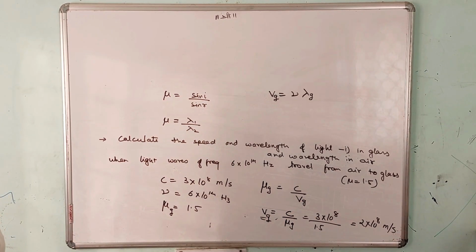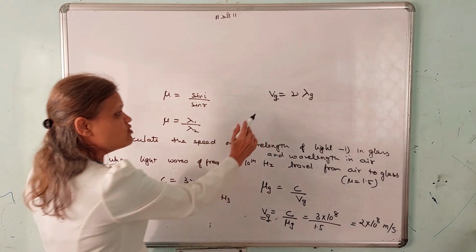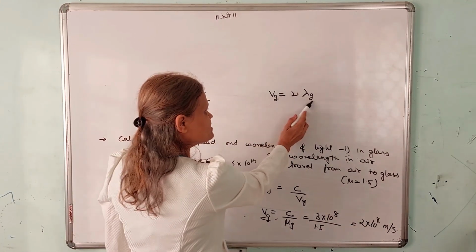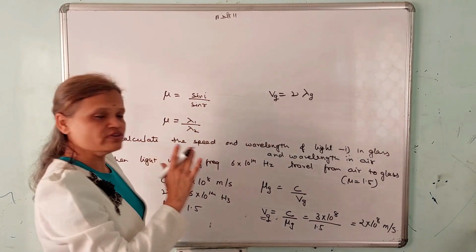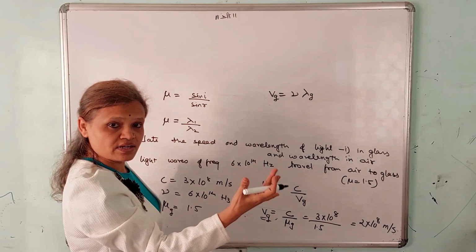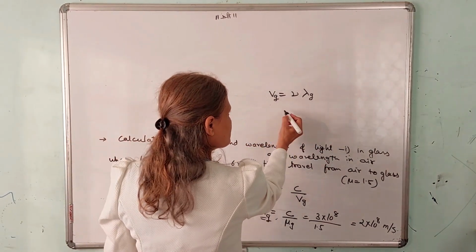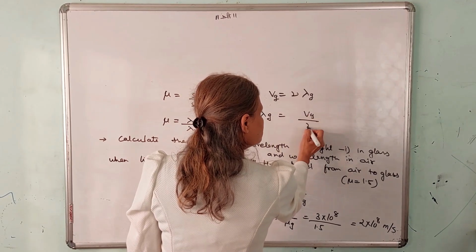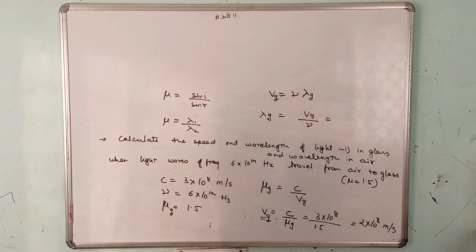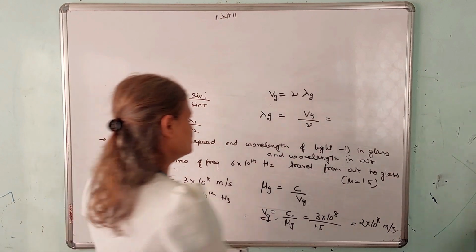So the velocity of light in glass, we got 2 into 10 raised to 8 meter per second. Velocity is a product of frequency and wavelength in glass, because wavelength will change. Frequency I am not writing in glass or air because it remains the same. So here we can find lambda g by these two known quantities.